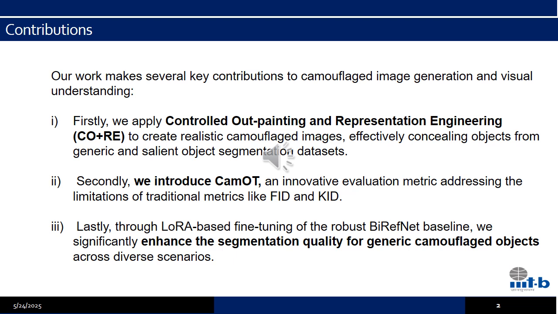Secondly, we introduce CAMOTI, an innovative evaluation metric addressing the limitations of traditional metrics like FID and KID. And lastly, we perform LoRA-based fine-tuning on the BiRefNet baseline, which is a method to segment camouflage images, and enhance the segmentation quality for generic camouflage scenarios.